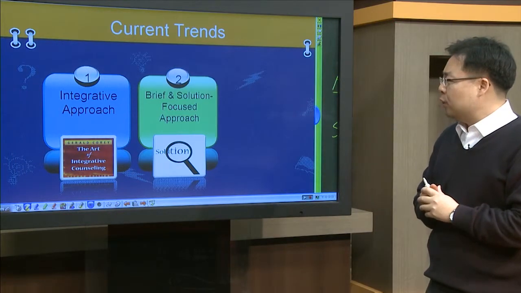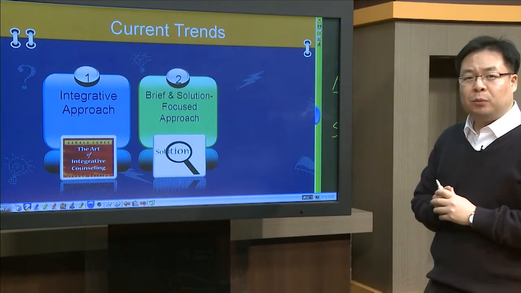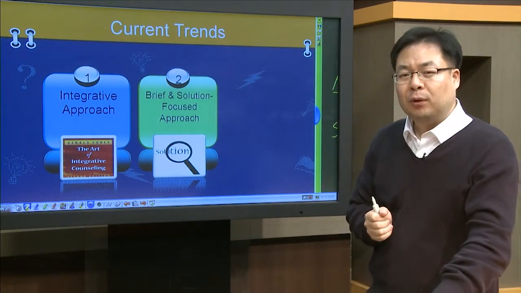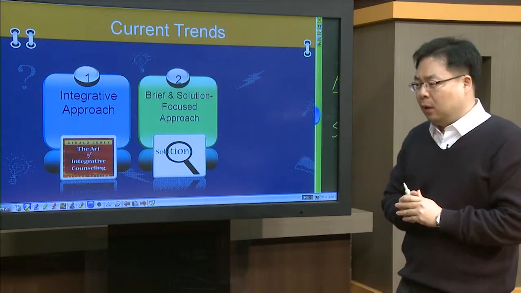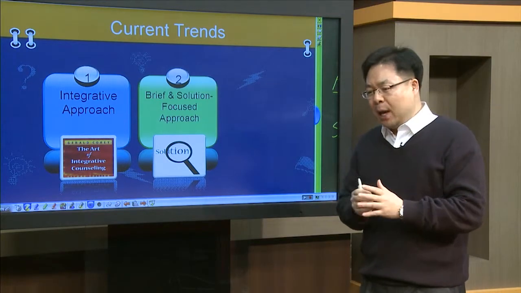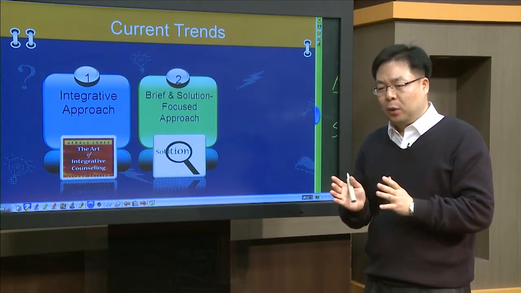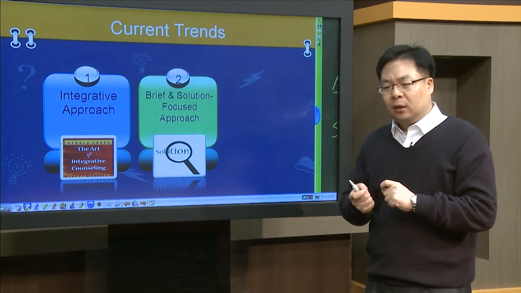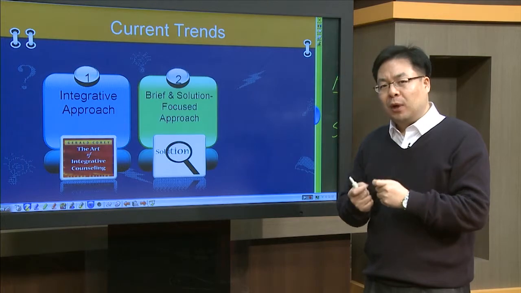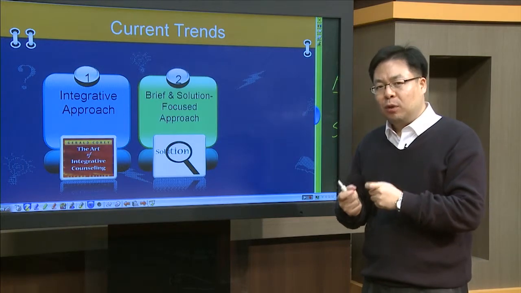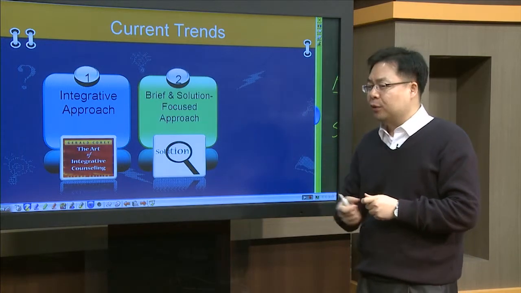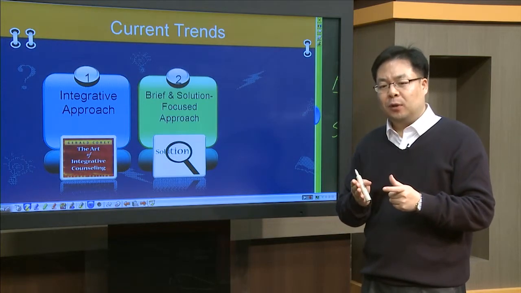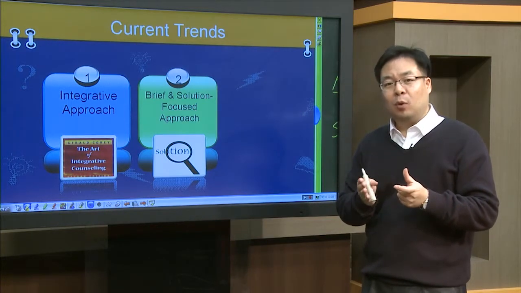The second one is a brief and solution-focused approach. It's also a new approach and is getting more popularity right now. You know, psychodynamic and even other approaches try to define the origin of the problem, what really made the problem. But in this approach, they don't really focus on the past experience and the problem or causes.